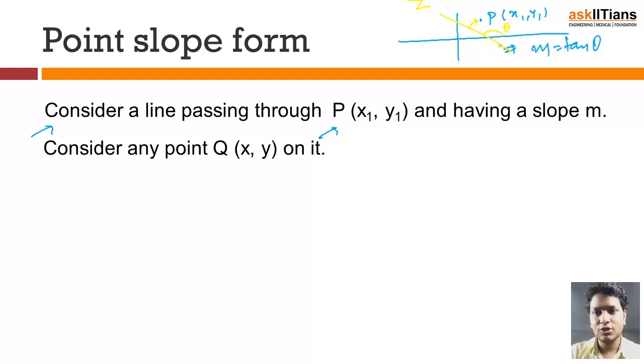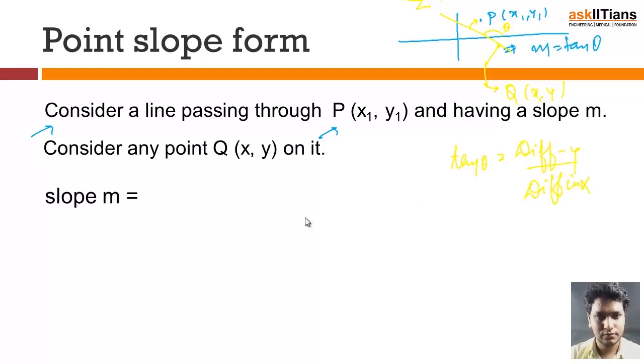So we will take any general point Q on this line, that is (x, y), and write the value of tan theta as difference in y coordinate upon difference in x coordinate.